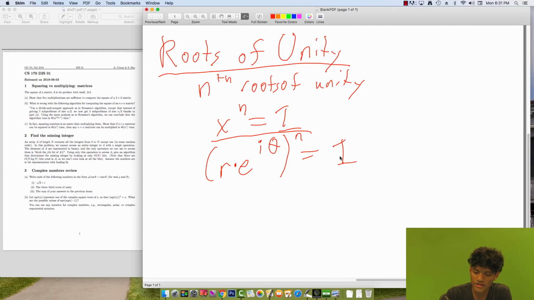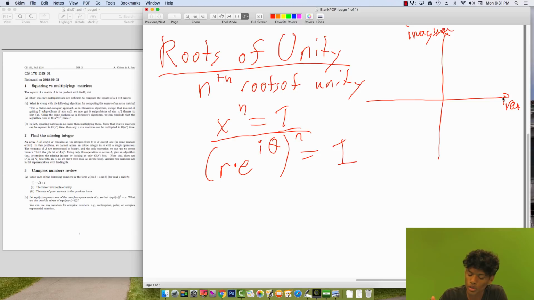And to help, we need to think about how we can write 1 in a similar form. To figure this out, let's look at the complex plane. Remember this is the imaginary axis, and this is the real axis. We want to think about where the number 1 occurs.